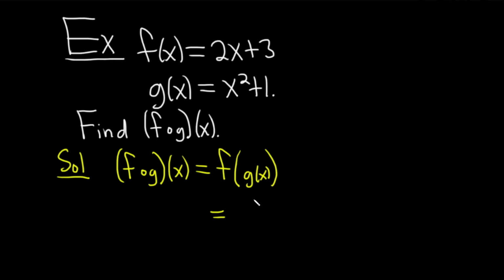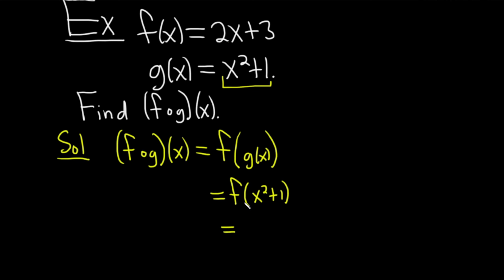Now what we do is we start with the inside piece. g of x is x squared plus 1. So this is f of x squared plus 1. All we've done at this point is replace the inside piece with g. This is equal to, now we're looking at f. f of x is equal to 2x plus 3. Instead of x, we're going to replace the x with x squared plus 1.